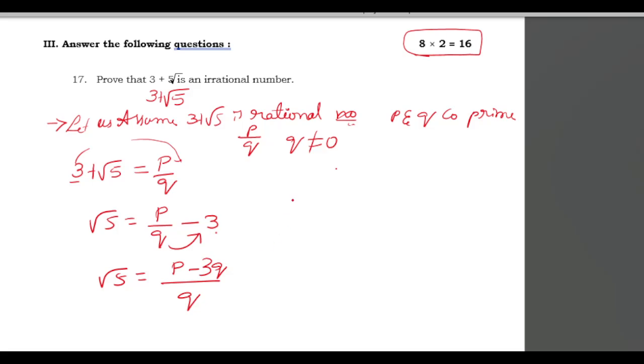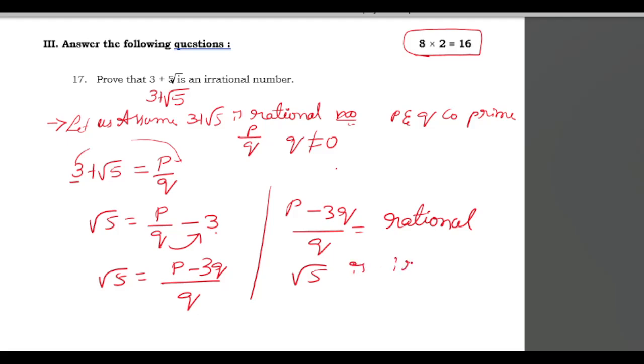By our assumption, P minus 3Q by Q is a rational number, but root 5 is an irrational number.